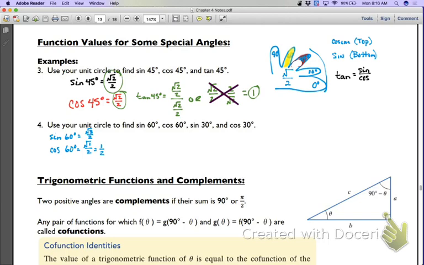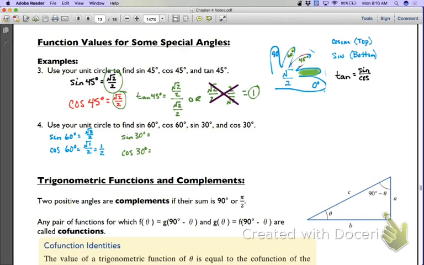Now, when I do the same thing for 30 degrees, if I have sine of 30 degrees and cosine of 30 degrees, everything's still the same, but now I'm going to deal with the green side. So yellow's gone. That was 60 degrees, that was 45 degrees.